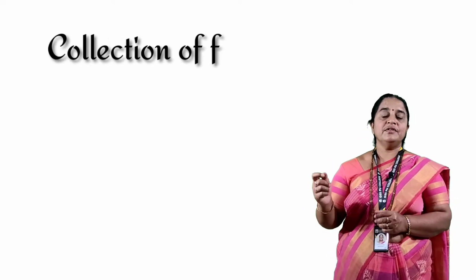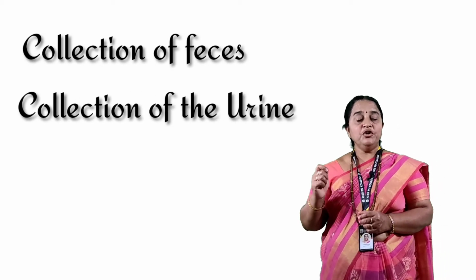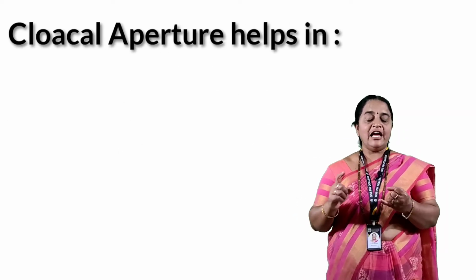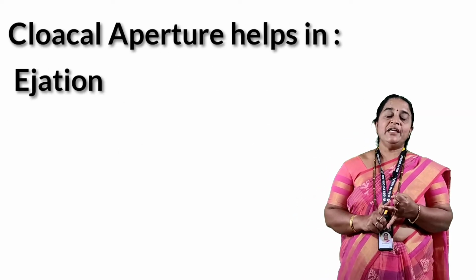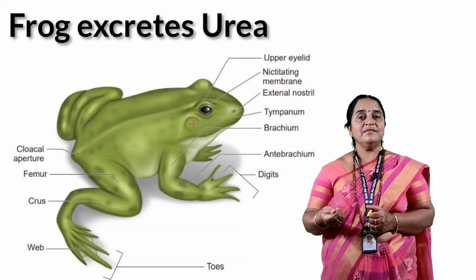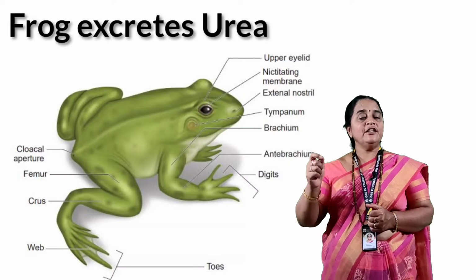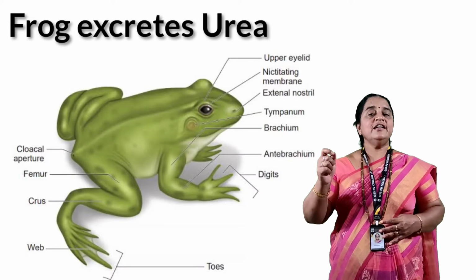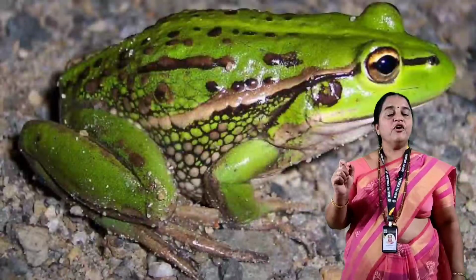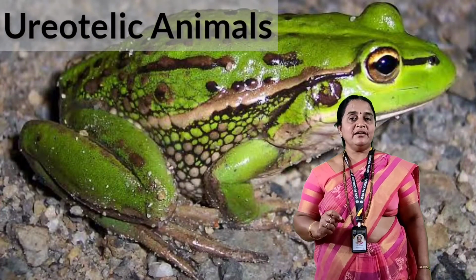Thus, the cloacal chamber serves for collection of feces, urine, and sperms. So cloacal aperture helps in egestion, ejaculation, and urination. As frog is excreting urea, which is highly soluble in water, the excretory component of the frog is urea. Hence, frog is called a ureotelic animal.